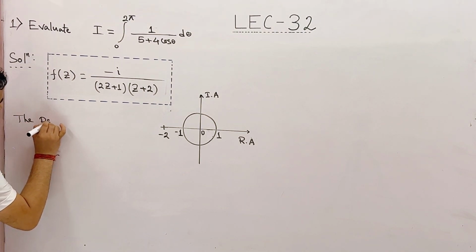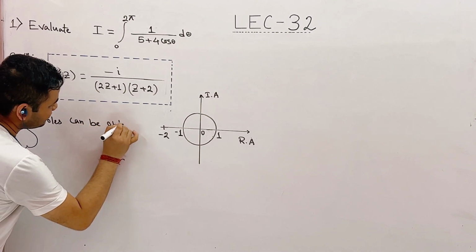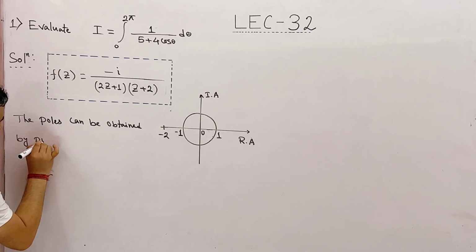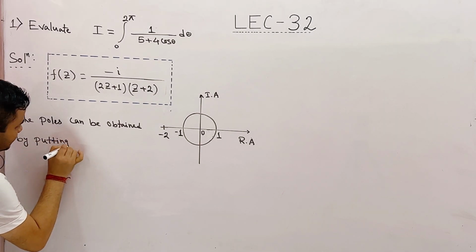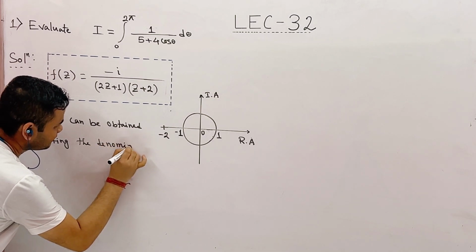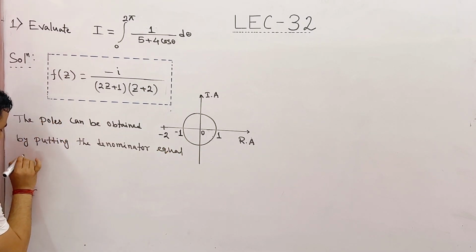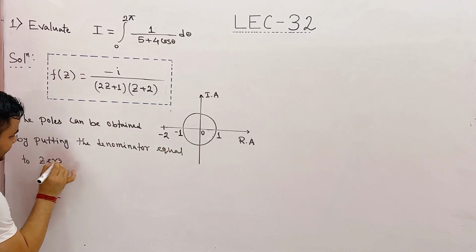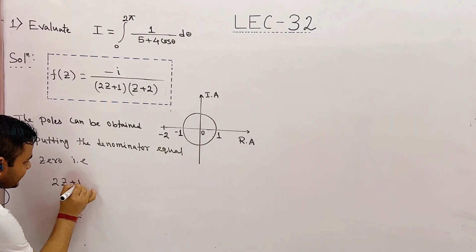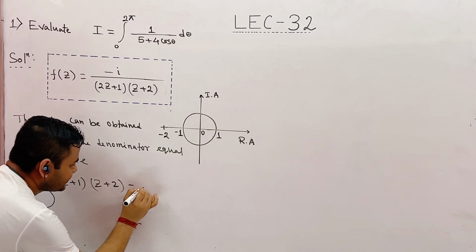The poles can be obtained by putting the denominator equal to 0, that is (2z + 1)(z + 2) is equal to 0.